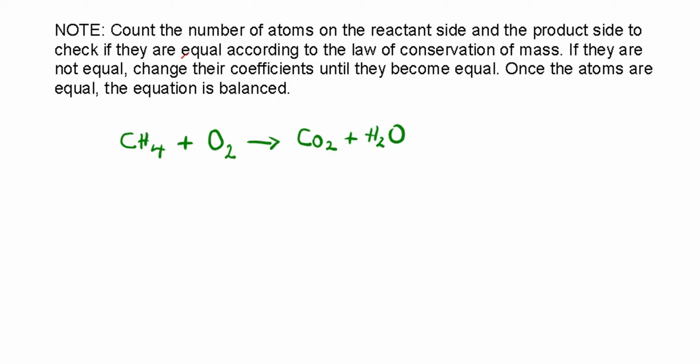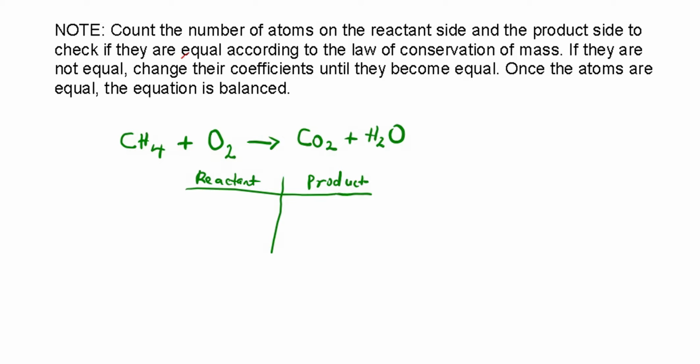Now, as usual, let's draw our table. We name it reactant, and we name this one product. Of course, by now, you should know the side that is reactant and the side that is product. In the reactant side, we have C, H, O. In the product side, we have C, O, H, O. So let's list them out, starting from the reactant side.